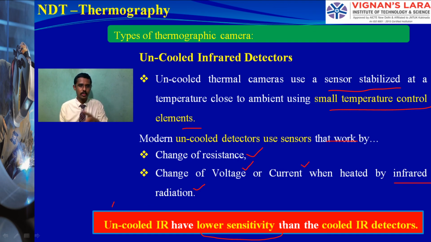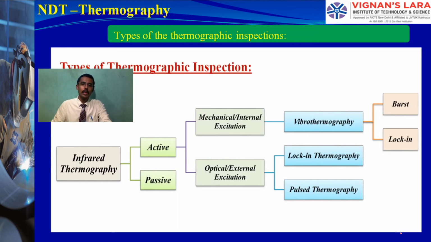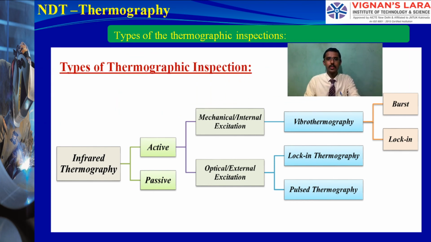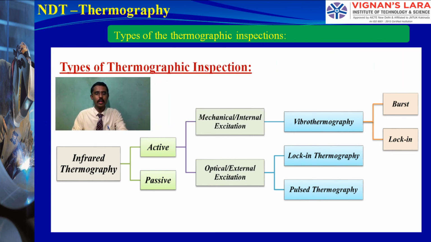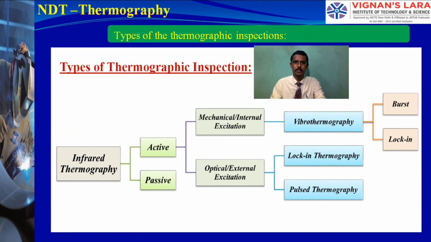That is why uncooled detectors are not as sensitive or as precise as the cooled ones. It means cooled is more precise, uncooled gives less precise readings. This is how we have studied these types.